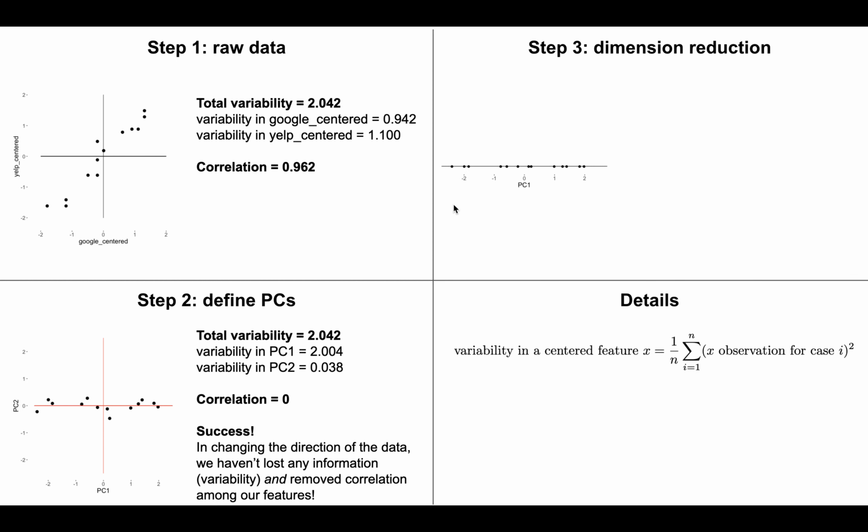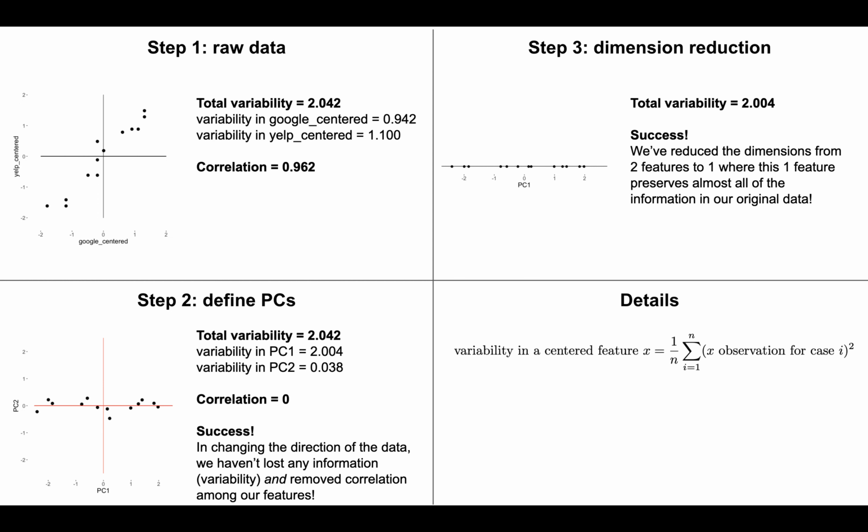When we do, we can still explain almost all of the variability in the original dataset. Here, we've preserved a variability of 2.004 of our total 2.042, so we've done pretty good. And we've reduced the dimensions of our dataset from 2 features to 1, where this one feature preserves almost all of the information in our original data.